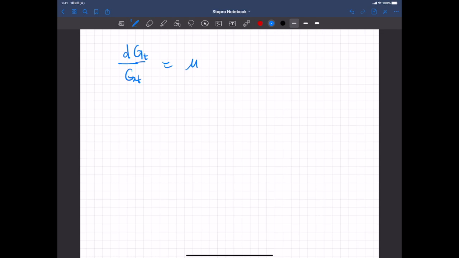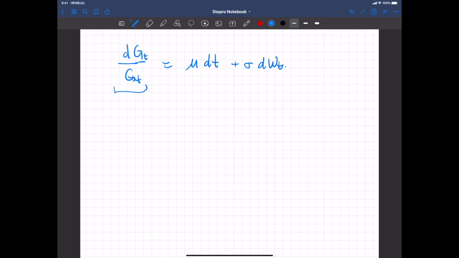this mu dt plus sigma dwt. So in this form, the right hand side looks just like Ito's drift diffusion process. The only difference is the left hand side.